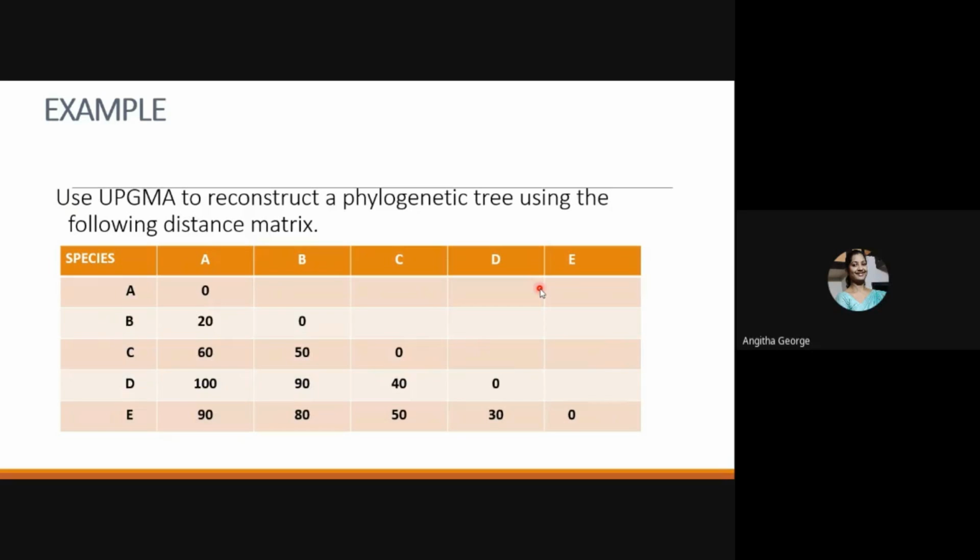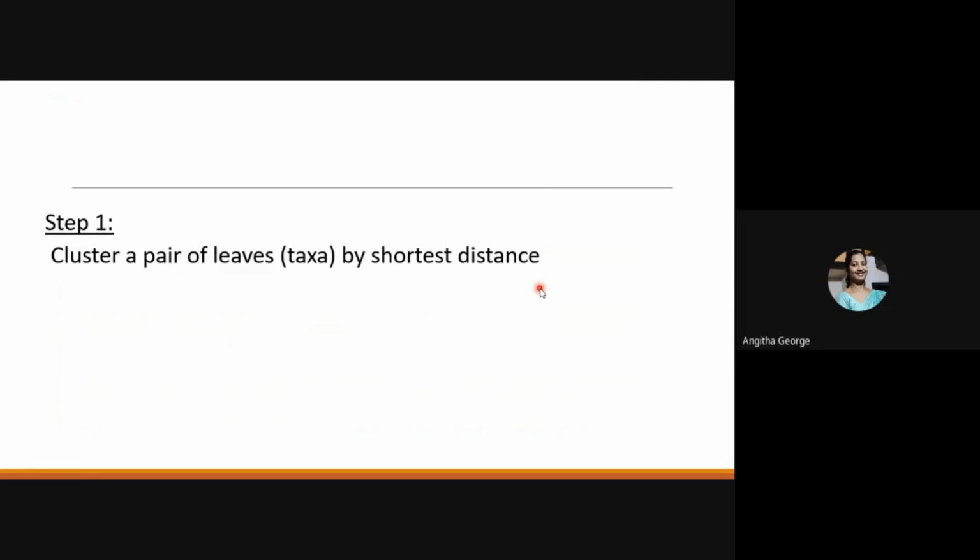So let's go into detail. What is our first step? Step 1 is to cluster a pair of leaves or taxa by the shortest distance. From the given distance matrix, we have to find which species or taxa have the shortest distance.